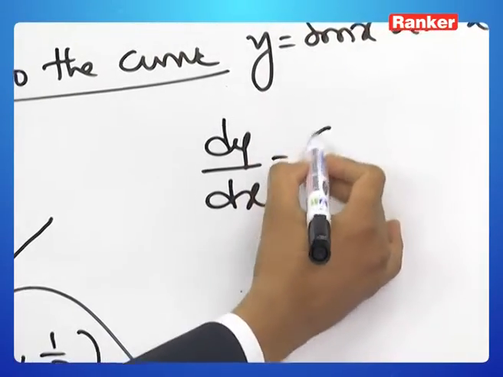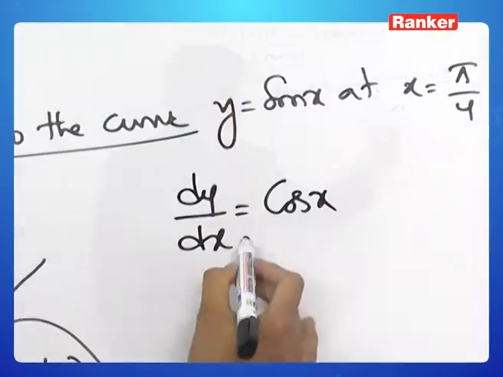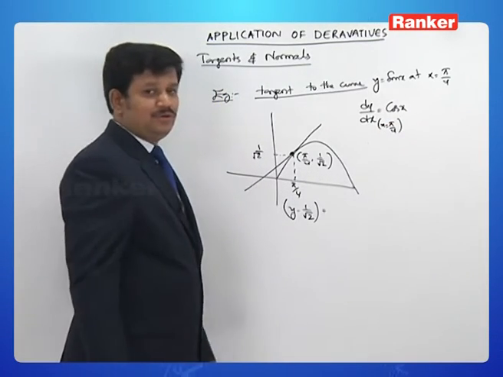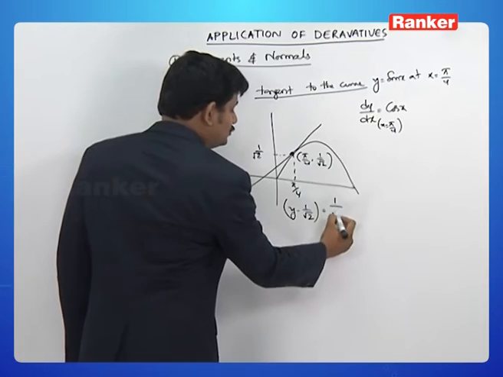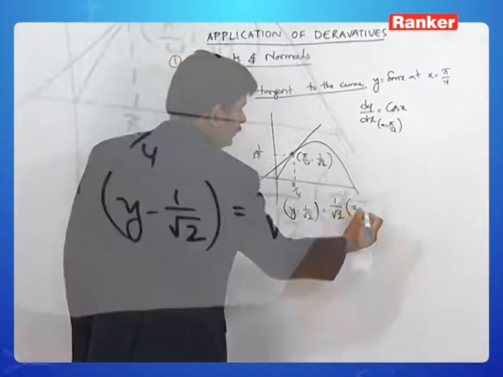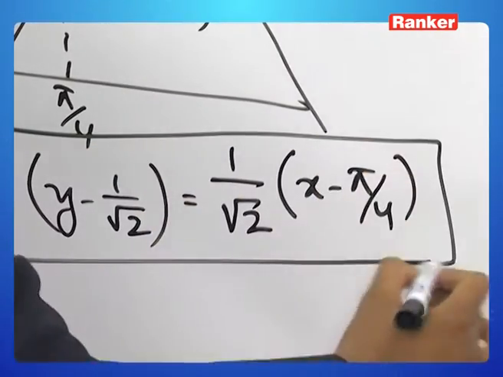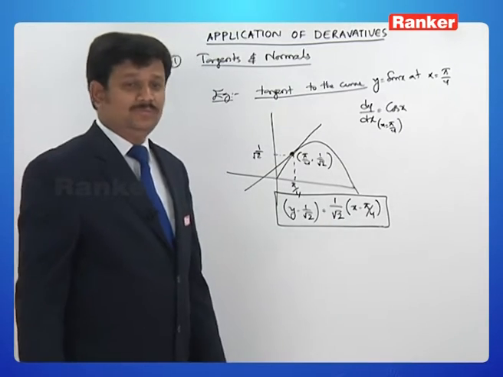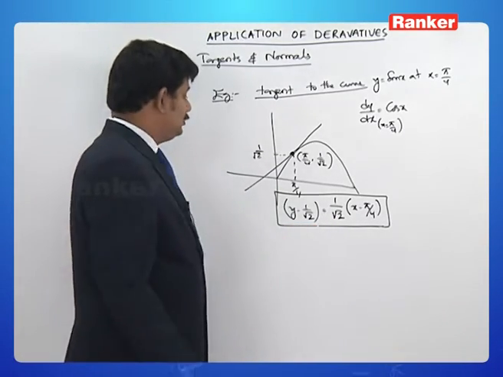Dy by dx for this curve is cos x, and at which point? At x equal to pi by 4. At x equal to pi by 4, cos x is also 1 by root 2. So, the slope of the tangent is 1 by root 2 into x minus pi by 4. So, the equation of the tangent is given by y minus 1 by root 2 is equal to 1 by root 2 into x minus pi by 4. So, this is how we find the equation of tangent to any curve.